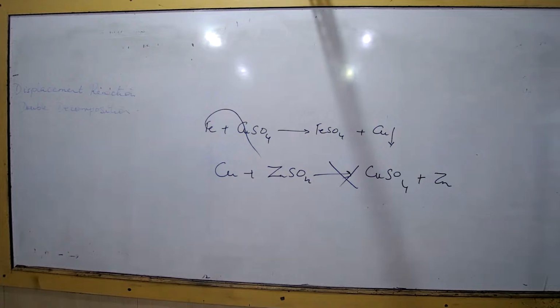Second point, for a displacement reaction, you need one metal and a compound. Third point, in a displacement reaction, a precipitate may be formed or a gas may be liberated. Is this clear, all of you?